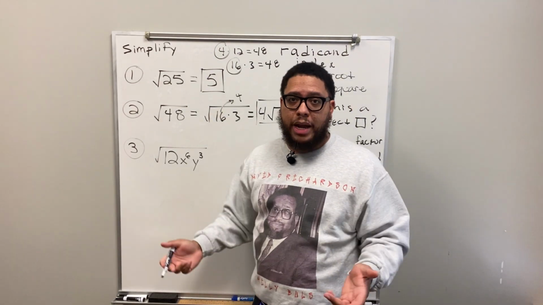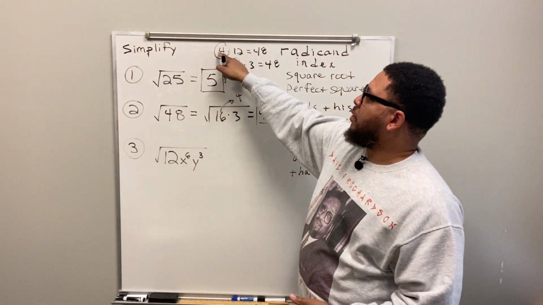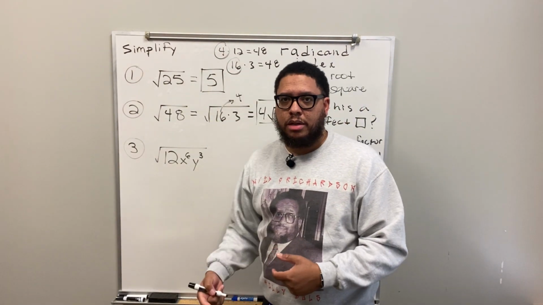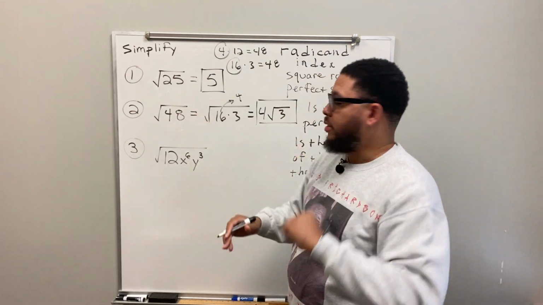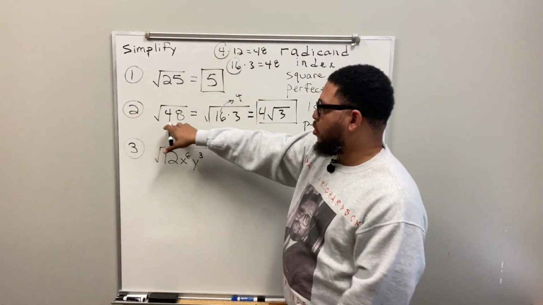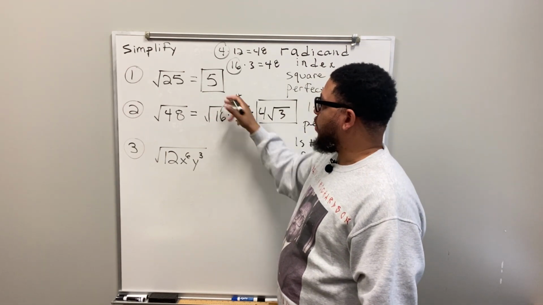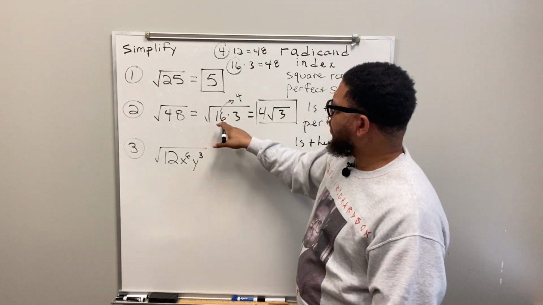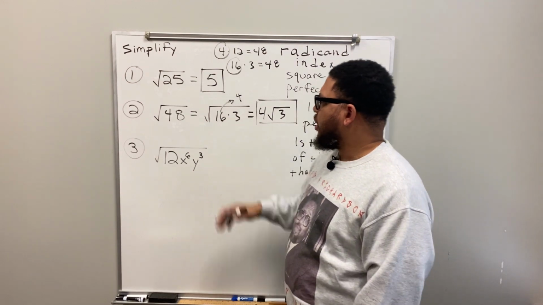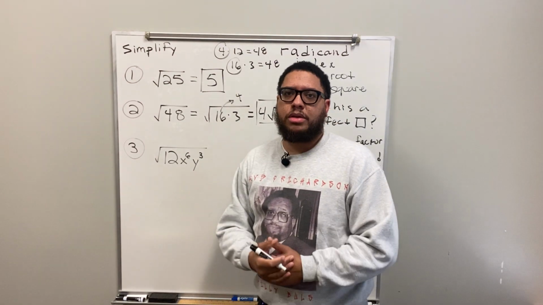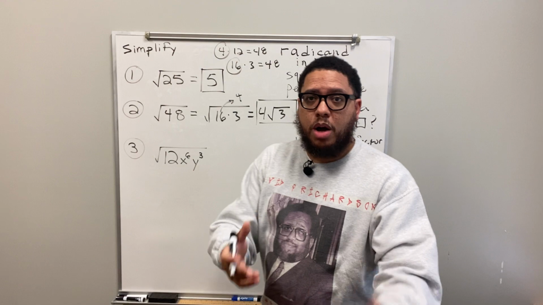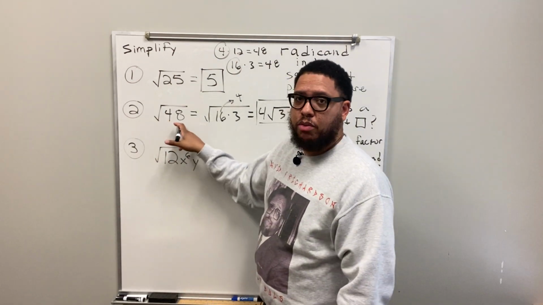Now, in case you're wondering why that is, it's because if I don't use the biggest, I'm going to have to do this step again, right? Because this is what would have happened if I'd have used 4 times 12. If I'd have broke 48 down into 4 times 12, the 4 is perfect, so the 4 is going to come out. It would have turned into a 2. But then I still got a 12 inside of here. The 12 can be broken down, because 12 is not a perfect square, but 12 can be broken down, just like 48 was broken down.